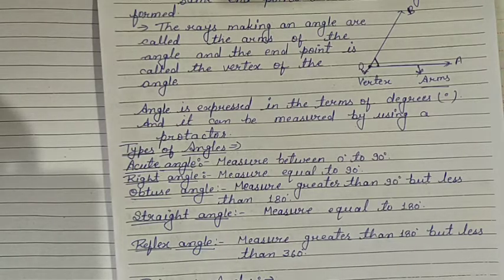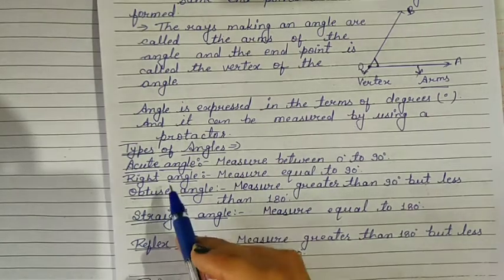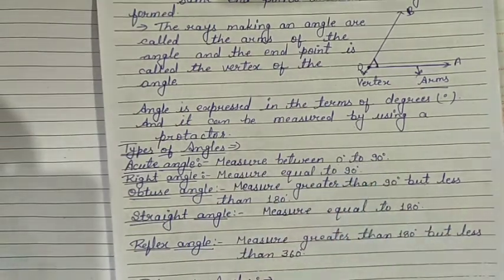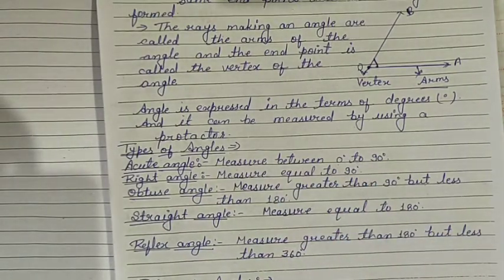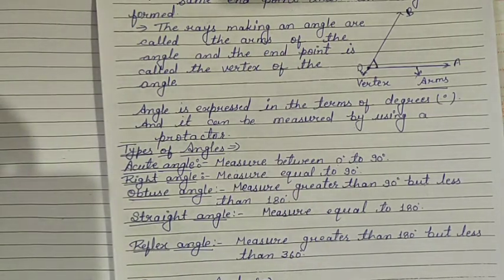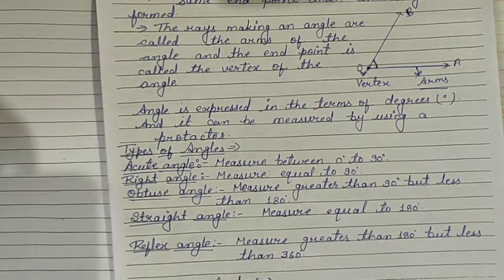Okay students, so firstly, what is an acute angle? An angle whose measure is between 0 degree to 90 degree is called an acute angle. For example, 75 degree, 80 degree, 69 degree, 89 degree, 1 degree. These are examples of acute angle.